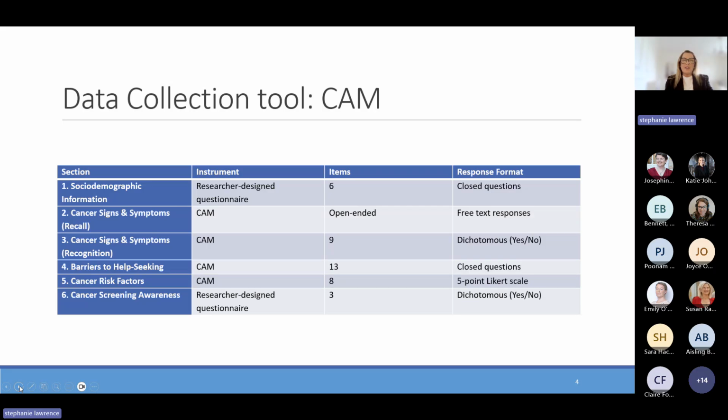On the third part, there was a list of potential cancer signs and symptoms, and we asked the adolescents if they agreed that this might be a cancer sign or symptom. There's a section then on barriers to help seeking. Again, there were closed questions. Cancer risk factors, again, was more to do with recall and recognition. And then we asked adolescents if they knew about any cancer screening awareness programs specific to Ireland as well.